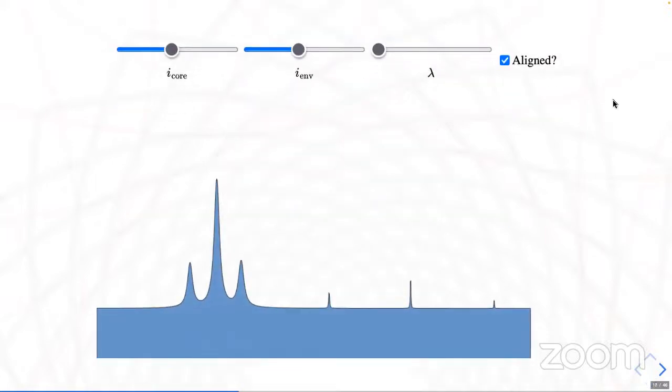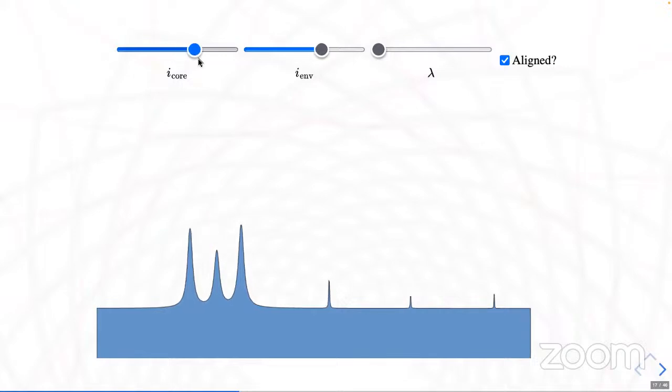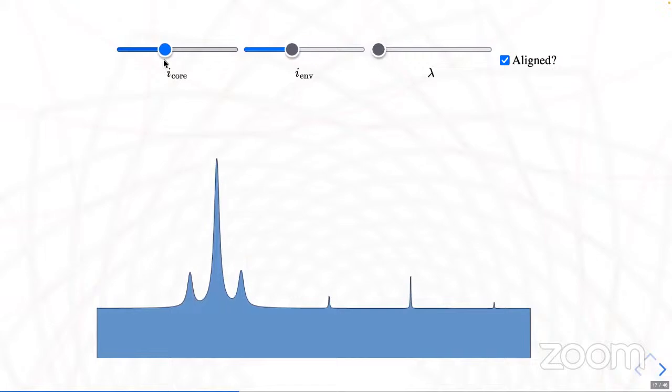So the idea here is that in a red giant, we have G modes, which are primarily sensitive to the core, right? And P modes, which are primarily sensitive to the envelope. And ordinarily, we assume that the two inclination angles are the same, right? So when we lift this restriction, we might, for example, have a core that is seen not very, hold on.